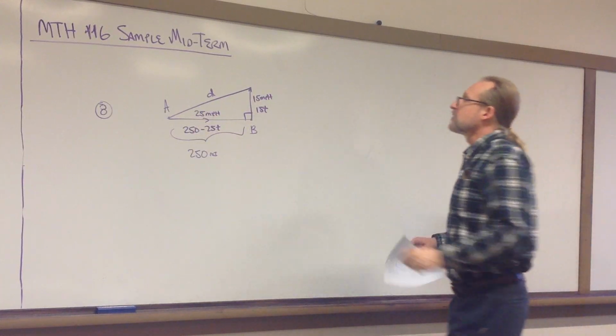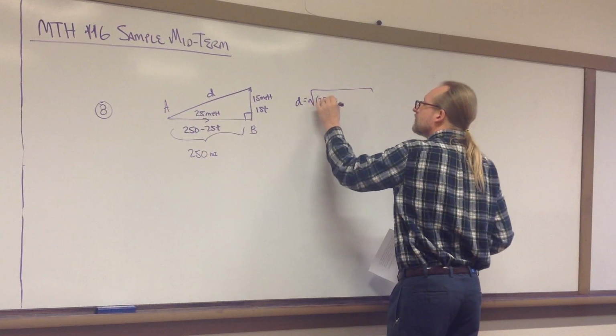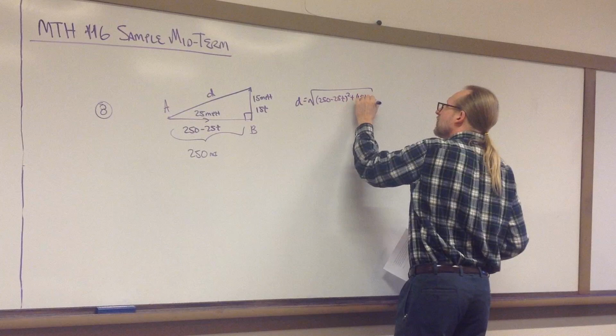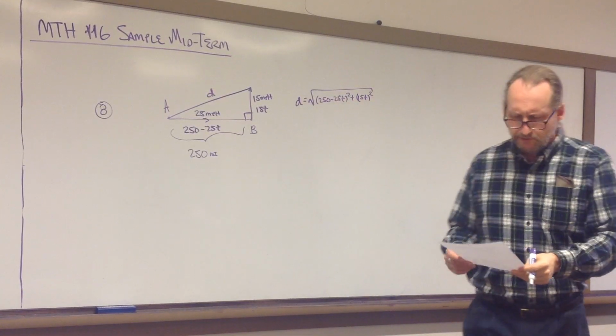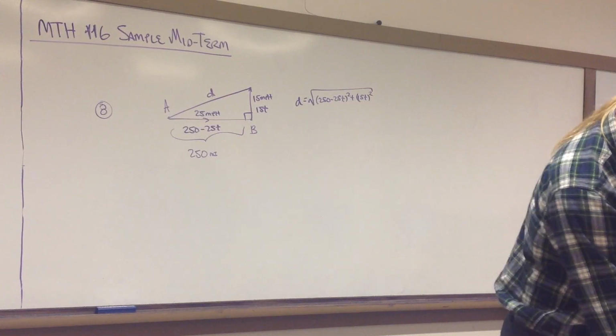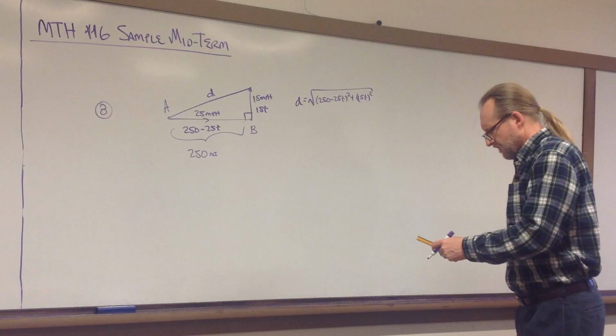Okay? So our distance then is going to be the square root of (250 minus 25t) all squared plus (15t) all squared. All right, so there's our function, and now we just need to graph it.